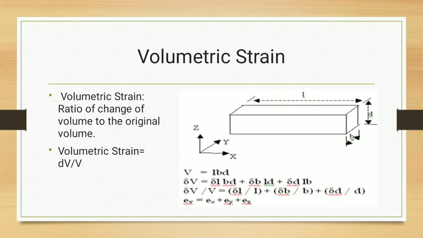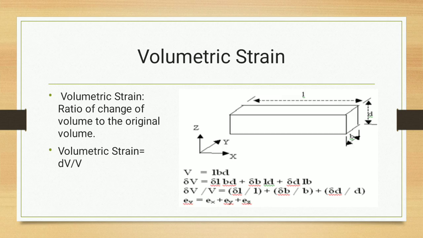Now volumetric strain. The ratio of change of volume to the original volume is called volumetric strain. So change in total volume upon volume is the volumetric strain.